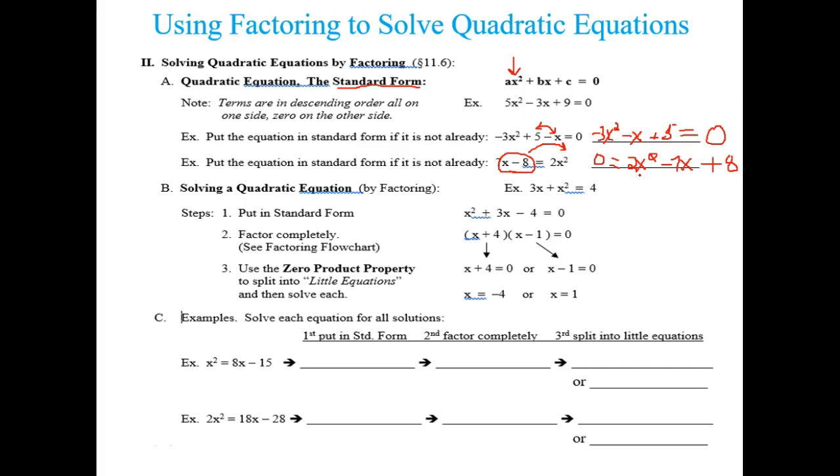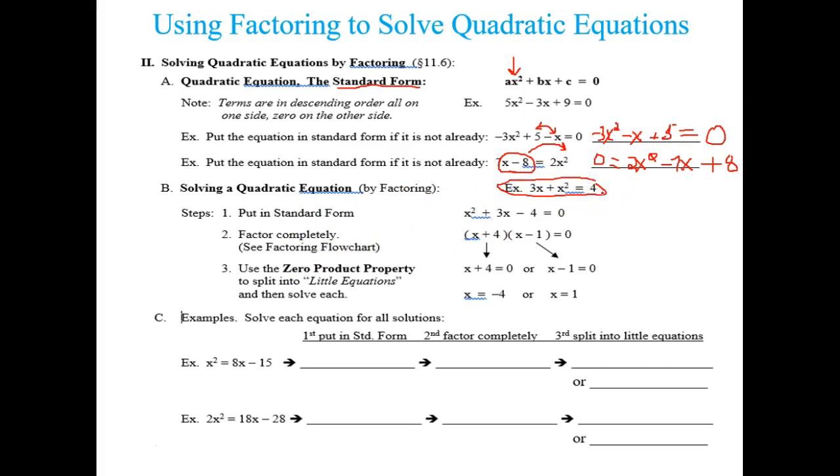Okay. All right. So then in the example here in letter B, what we're doing is the complete steps to solving this quadratic equation by factoring. All right. So suppose your equation begins like this right here.